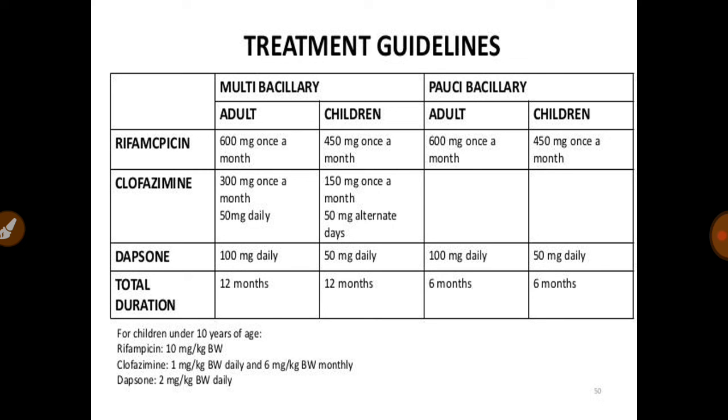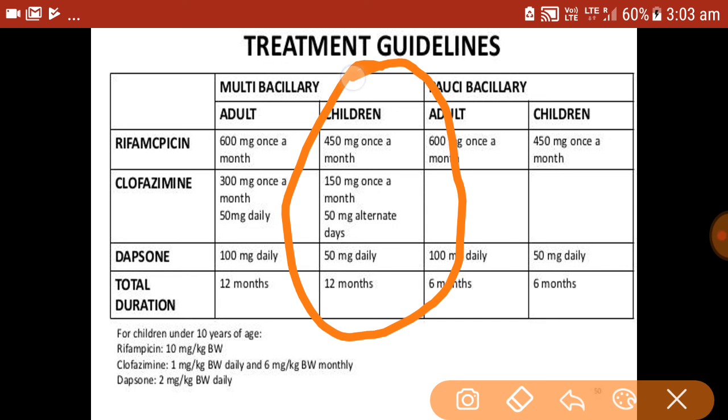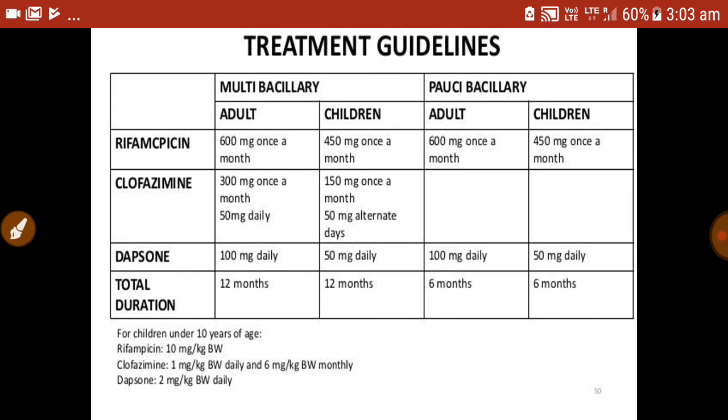For children, rifampicin is 450 once a month, clofazimine is 150 once a month and 50 mg on alternate days, dapsone is 50 mg daily, for a total duration of 12 months. You should also know the adult dose, so keep a screenshot.